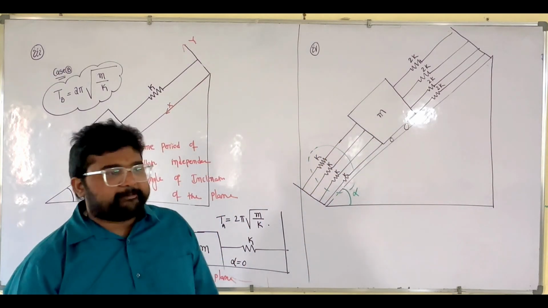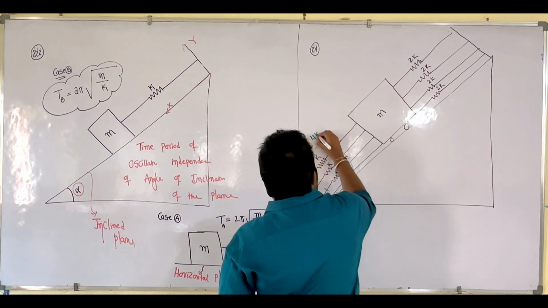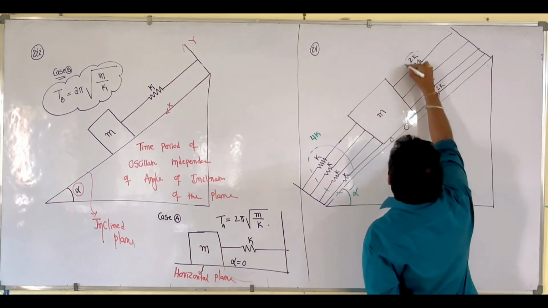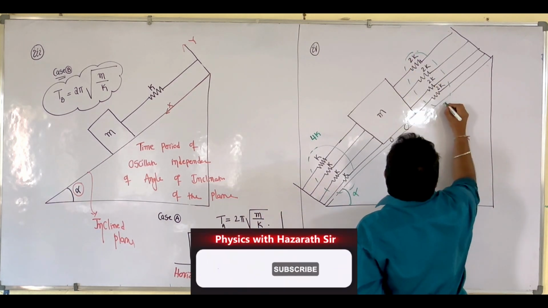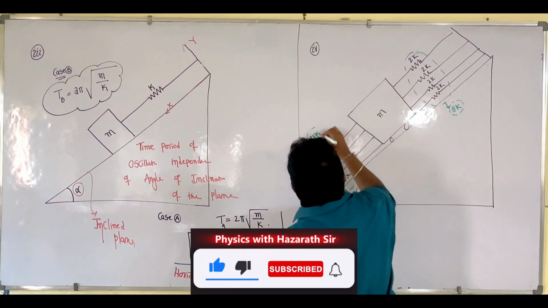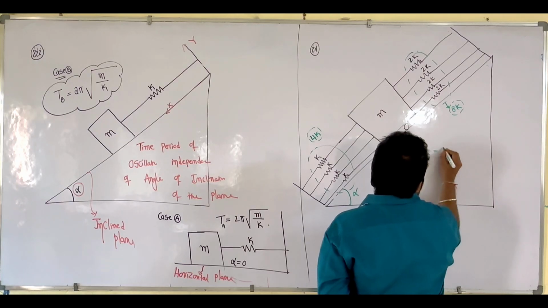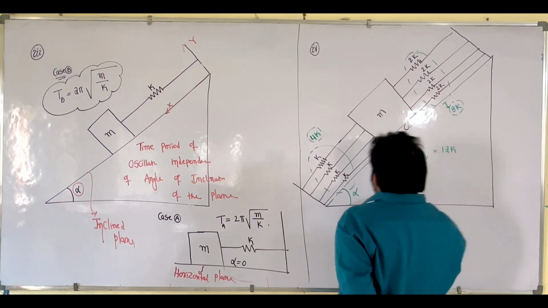These two are connected in parallel or series? Total parallel 4K. Then these are all parallel, 8K. 8K and 4K are parallel. K equivalent equals how much? 12K.